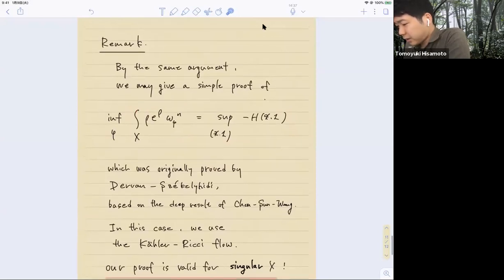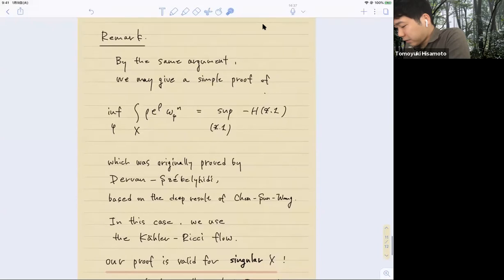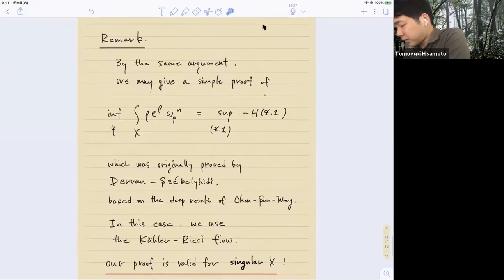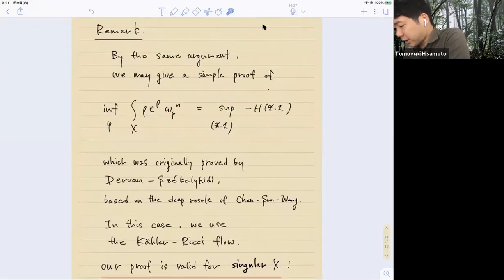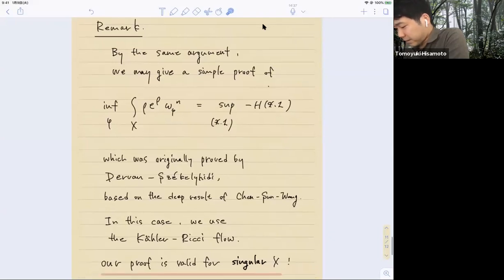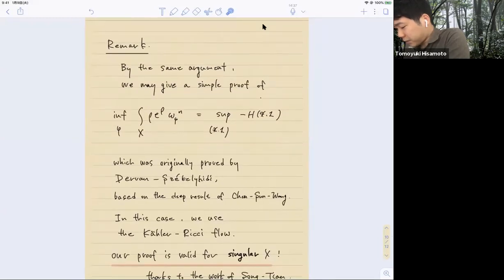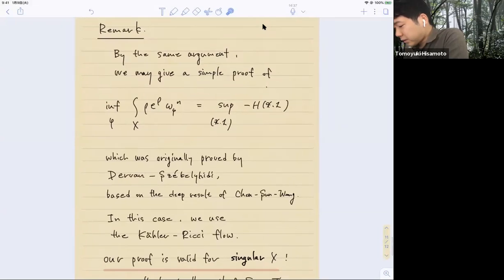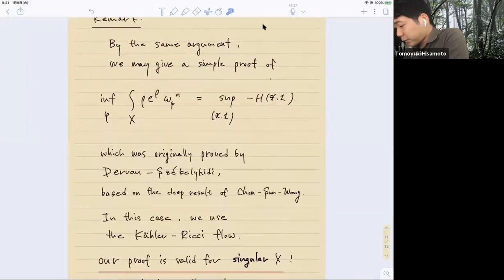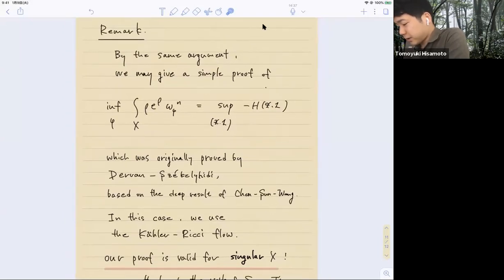But in our argument, we can use more pluripotential theoretic discussion, so that, for example, we don't need Gromov-Hausdorff convergence. So we use the Kähler-Ricci flow in place of the gradient flow of the Calabi functional. I think the proof is simpler, but we cannot say anything about the limit space in our argument.